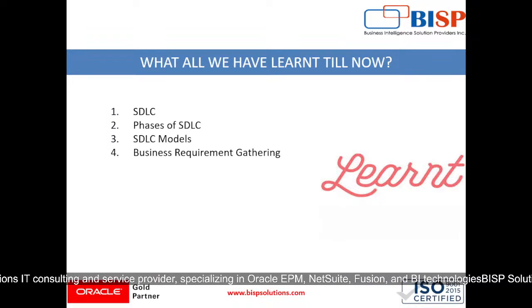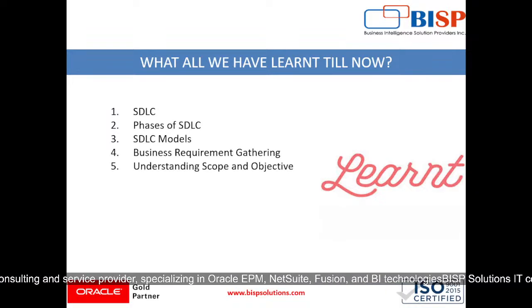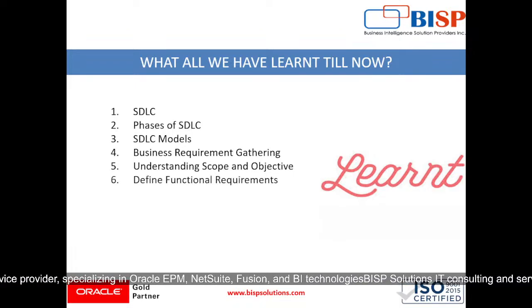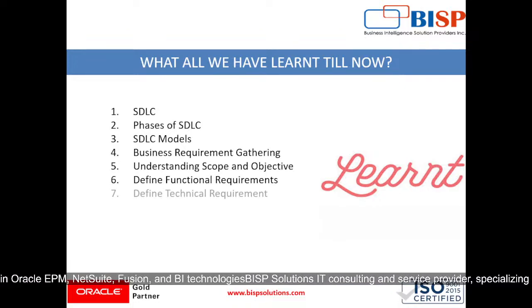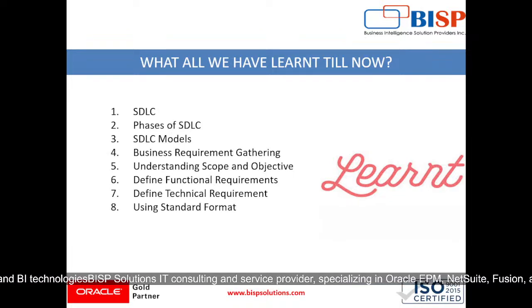Then we have covered business requirement gathering, then understanding scope and objective for the same, and defining functional requirements for making the BRD, which is the business requirement document. And we have defined the technical requirements which we have to use while making the BRD document. After that, we have understood using the standard format for making the BRD document.